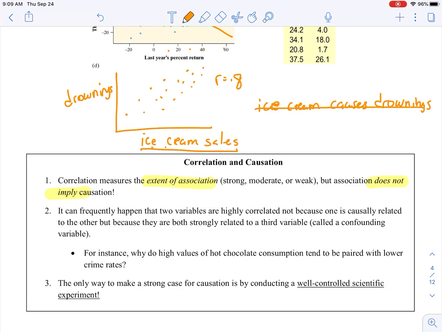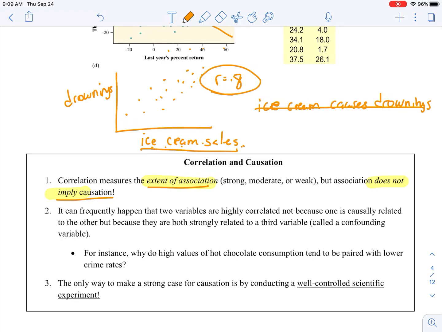Ice cream sales are increasing because of heat. Drownings increase because it's hot out and people are swimming to cool off. So ice cream does not cause drownings. However, if you look at our relationship, we get an R value of 0.8. That's a strong relationship, but it's an extent of association that does not imply causation.